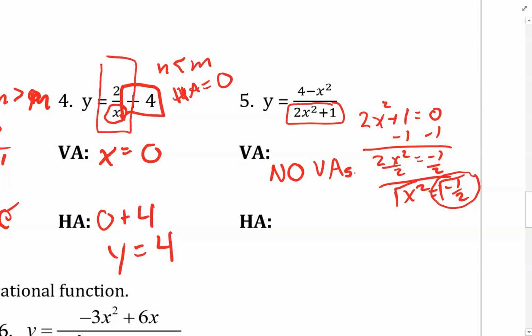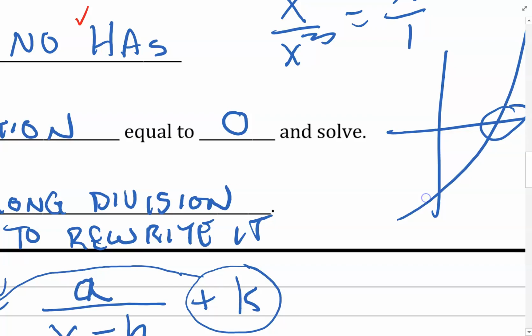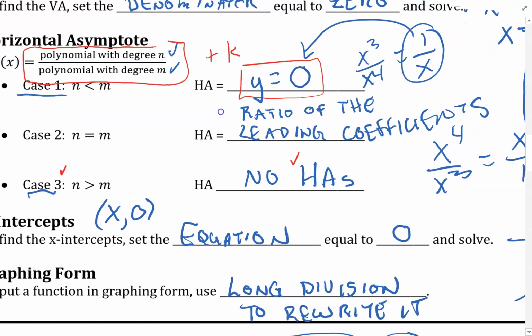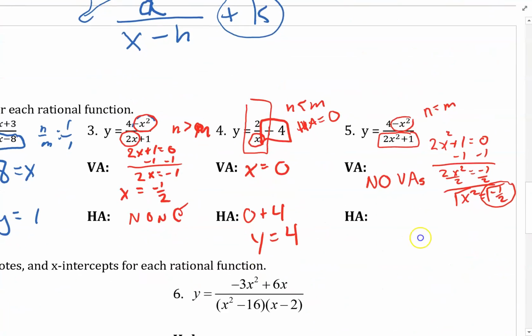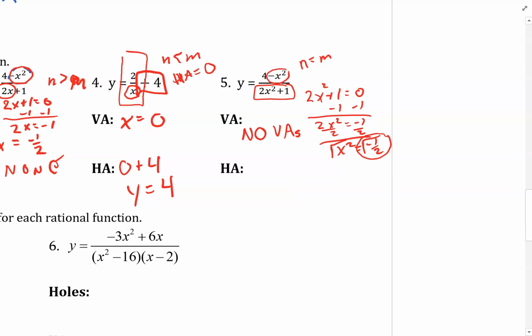Horizontal asymptote, though. We take a look at our coefficients. Well, first off, we recognize that n equals m, so we look back at our table. If n equals m, our horizontal asymptote will be the ratio of the leading coefficients. So our leading coefficient on the top is negative 1 for the x squared term.